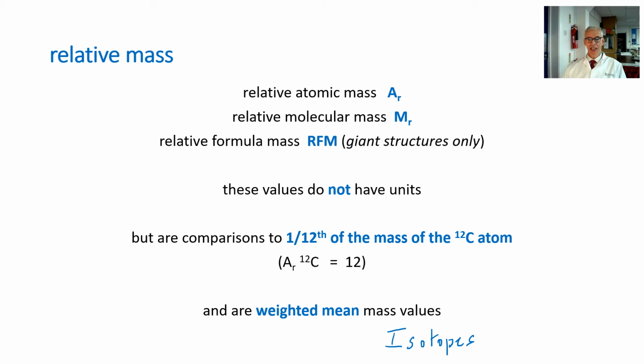We need to take the mean of all the isotopic masses, but weighted for what is called abundance, which is a term we will explain in more detail in the next few slides. So the relative atomic mass here is a weighted mean value compared to 1/12 of the mass of the carbon-12 atom.